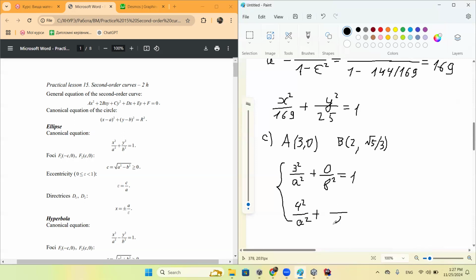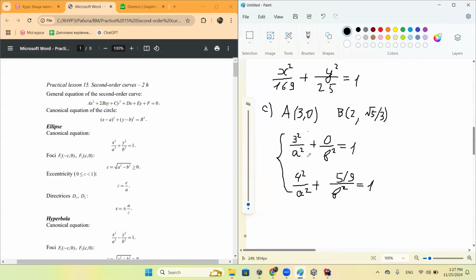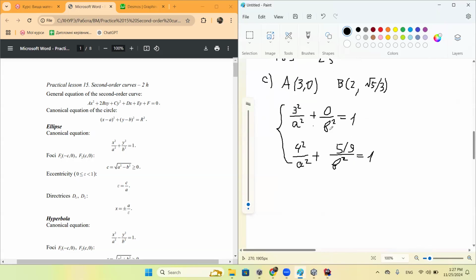So 5 by 9 here, and it equals 1. So we need to solve equations with respect to A to the power of 2 and B to the power of 2. So from the first equation, we know that A to the power of 2 equals 9.